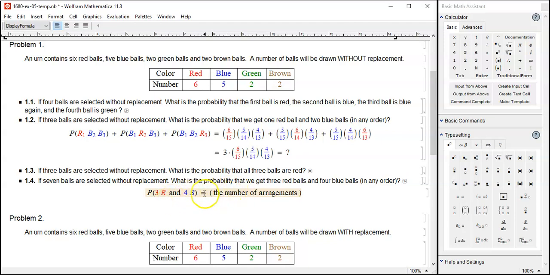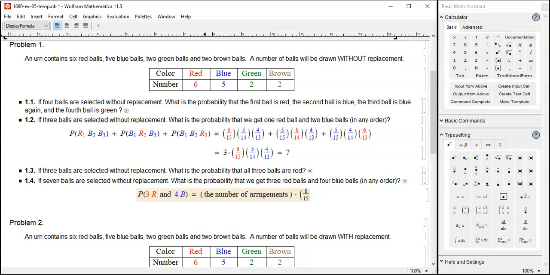And then that's going to be the repetition as we saw before, basically this part. And then times, I have to get the appropriate probability. These kinds of things, but they're all the same because multiplication is commutative. So all I need is, let's see, 6 out of 15, all right, and then 5 out of 14, and then 4 out of 13.